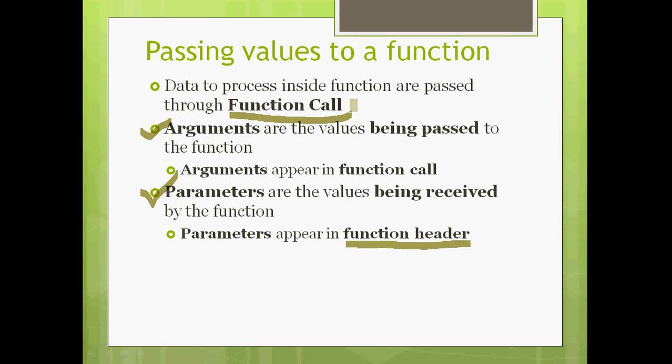The values passed through the function call will go to the function header as parameters. So whichever argument that you are passing to the function is received by the parameters in the function header. That is the difference. So arguments are the real values passed or the original values passed. Parameters are the copies received by the function of the same values. Okay.